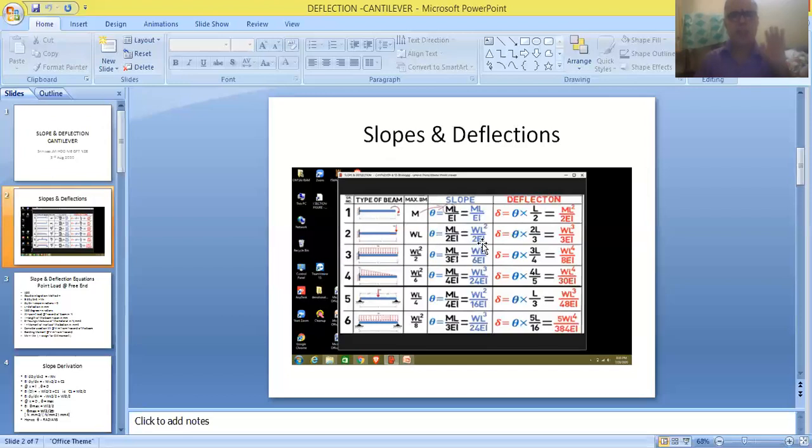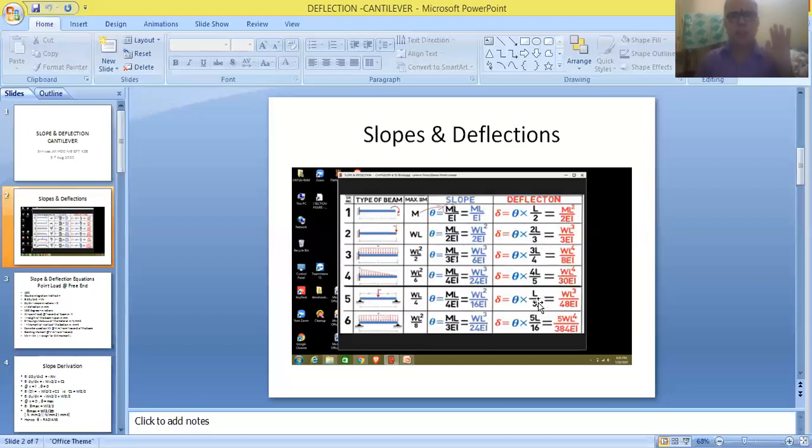So friends, point load will be expressed in terms of Newton, and UDL in terms of Newton per millimeter, length of the beam in millimeter, and Young's modulus in Newton per millimeter square. And finally, moment of inertia will be expressed in terms of millimeter to the power of 4.